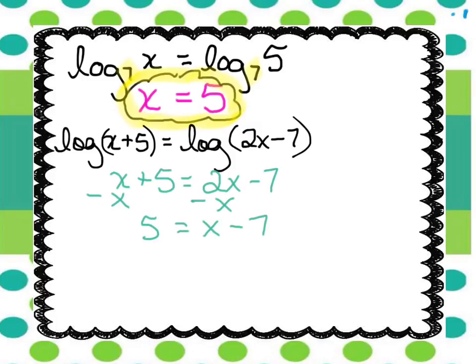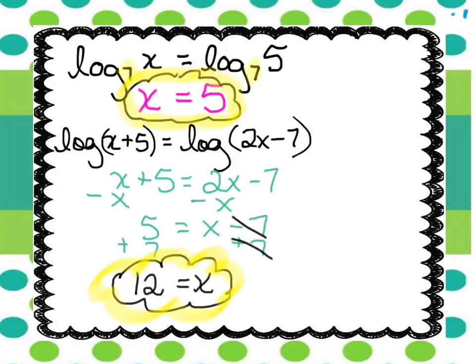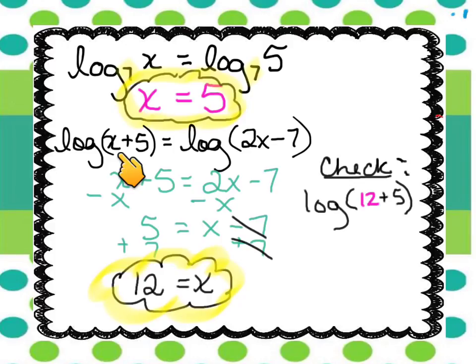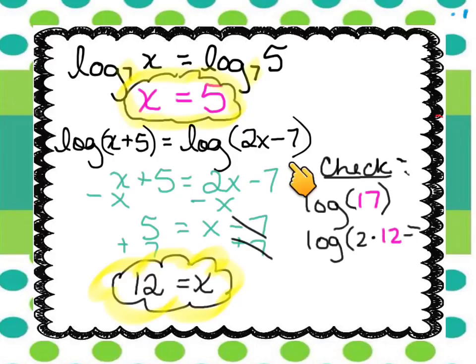When we do, we get x equals 12. We can check that simply by going back into the original problem and substituting in 12 for x. We get 17. Then going to this side and substituting 12 in for x, we get 17, and there you go. There's the check.